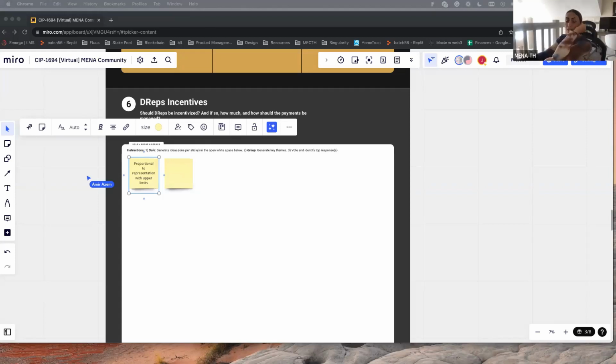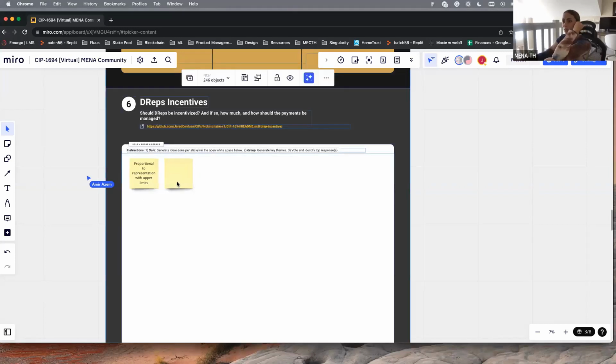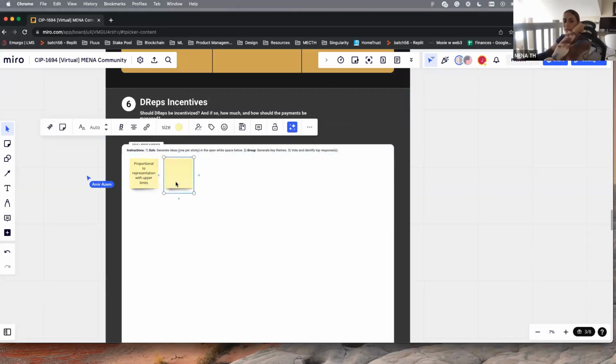Yeah. Maybe I have it wrong, but DREPs are people that are intrinsically incentivized to work for the system, so they can either pay themselves or get rewarded somewhere. So leave it up to the social layer. But I don't know about that.